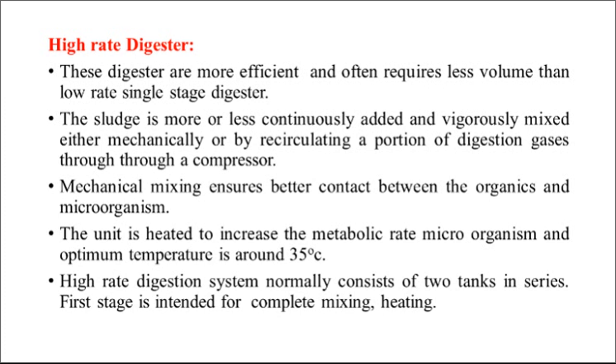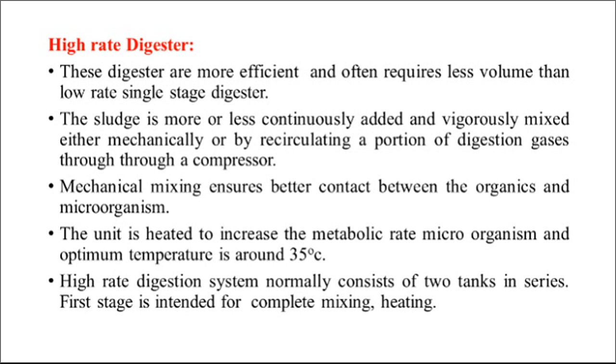Mechanical mixing ensures better contact between the organics and the microorganisms. This unit is heated to increase the metabolic rate of the microorganisms, and the optimum temperature is around 35 degrees centigrade.